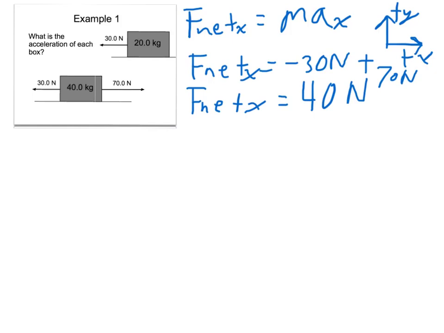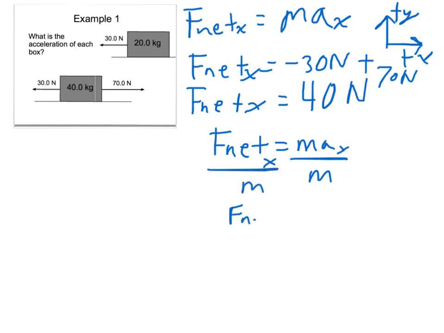Okay, and now I want the acceleration of that box. Solve for acceleration from this equation. F net equals ma, and we're doing this in x. Divide by mass. F net x over mass equals acceleration in x.